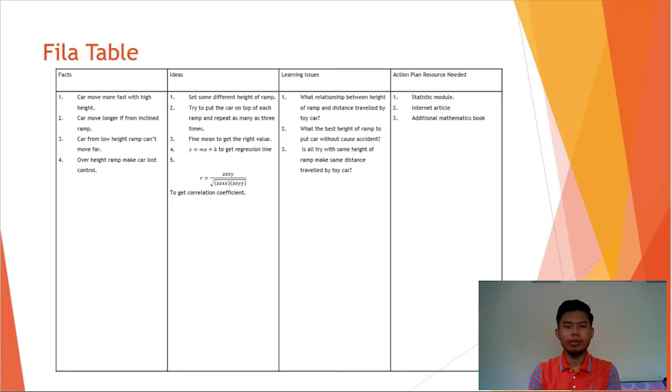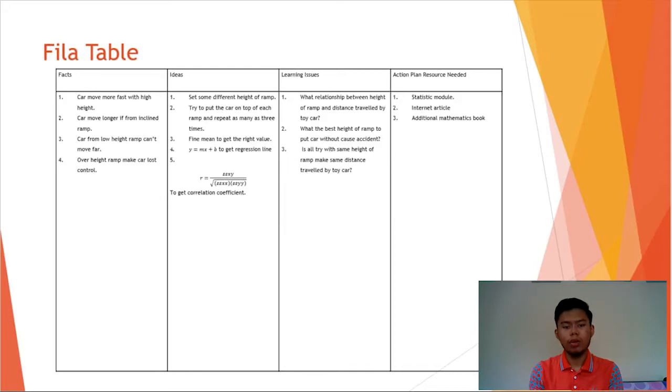The ideas we get to solve the problem are, first, set some different heights of ramp. Second, try to put the car on the top of each ramp and repeat as many as 3 times. Third, find the mean to get the right value.